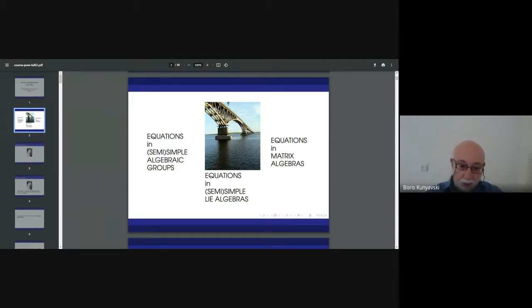And today I'll speak about Lie algebras in the first part of today's lecture. So our operation is the Lie bracket xy minus yx, which I traditionally will denote by square brackets.